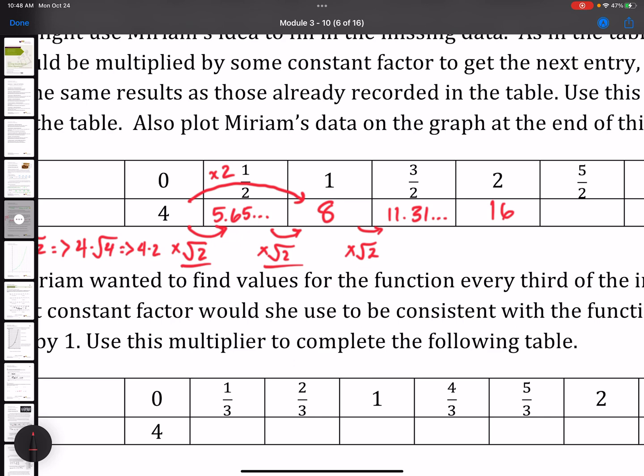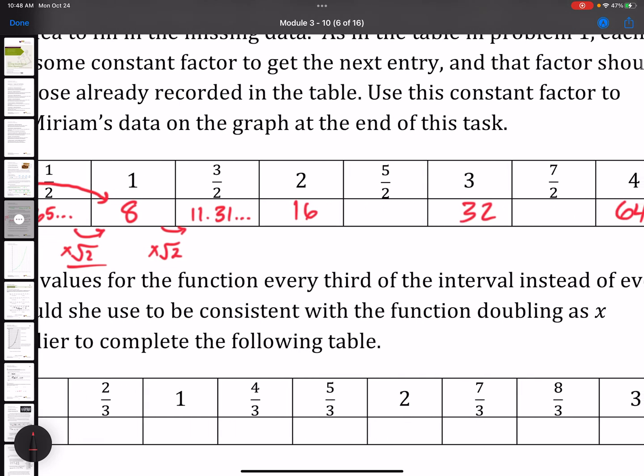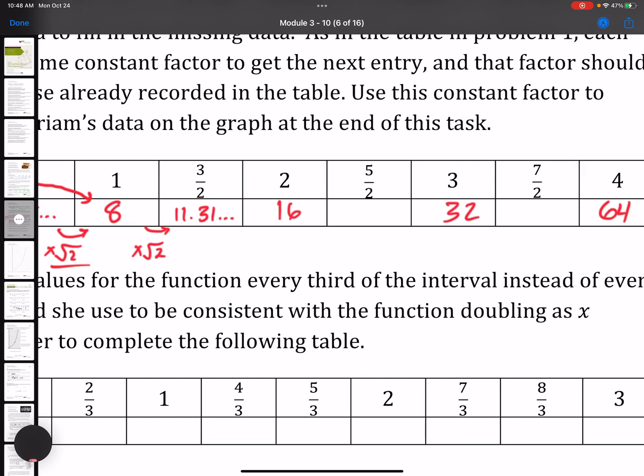Okay, so now we've kind of confirmed this is the right number, right? We mathematically justified it by the times square root of 2 times square root of 2 equaling 2 first. Yeah, that's a great point. So now we've got 16 times the square root of 2. Let's just keep filling out this table. That's 22.62 ellipsis.